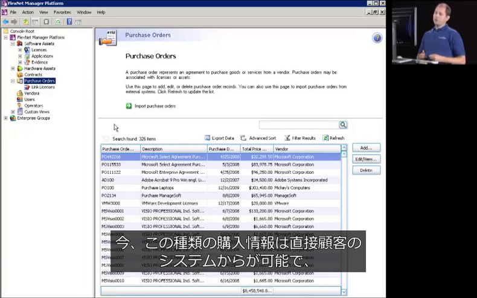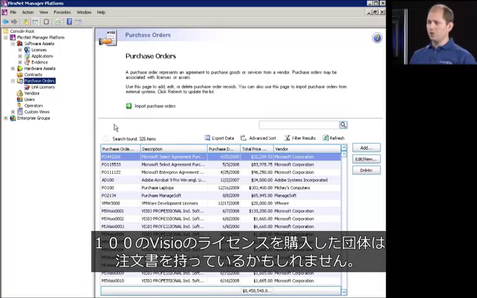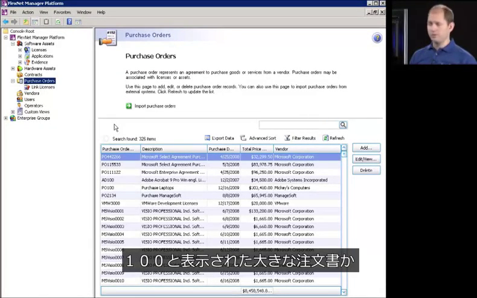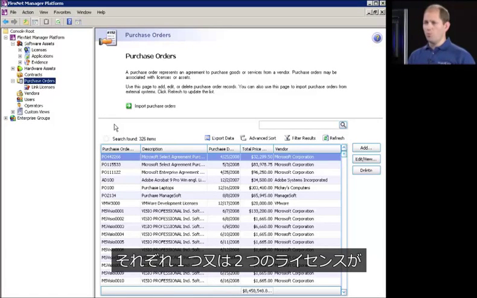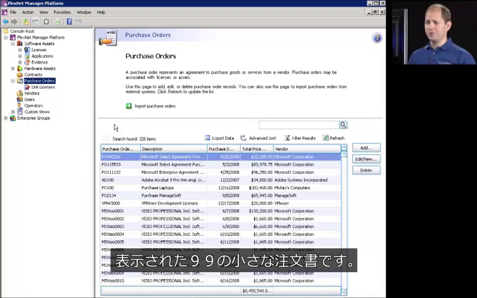Now, this kind of purchasing information could be directly from the systems of the customer, so the organization who's bought 100 Visio licenses may have purchase orders, one big purchase order that shows 100, or 99 little purchase orders showing 1 or 2 licenses each.